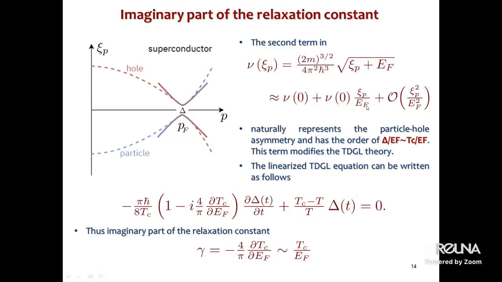So that means this effect can be big, for example, for many-band superconductors, for non-conventional superconductors. Basically, in those systems where this ratio is large. Then, substituting this full density of states in the derivation of the Ginzburg-Landau theory, following Gor'kov or based on the quasi-classical description, finally we get the non-linear term.